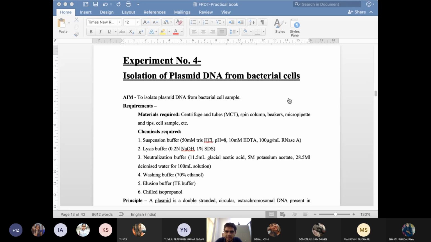You want to say this? Yes, Yuvraj? So it's basically a bond between a proton and an electronegative atom. Proton and electronegative atom, yeah, HCl. Hydrogen is linked to the chloride. So this one is the hydrogen bond.